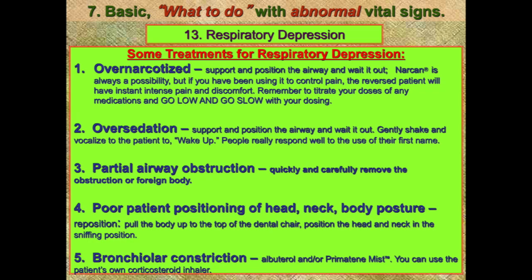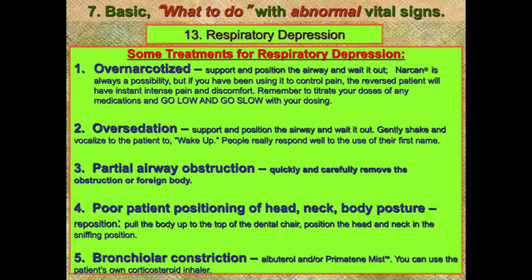For the over-narcotized, we're going to want to titrate their meds, but if you have to, you're going to use your reversal. You're going to want to, with the over-sedation patient, as we said, wake the patient up, titrate your meds so that you don't get into that. If it's partial airway obstruction, get rid of the substance that's causing the obstruction, the foreign body.